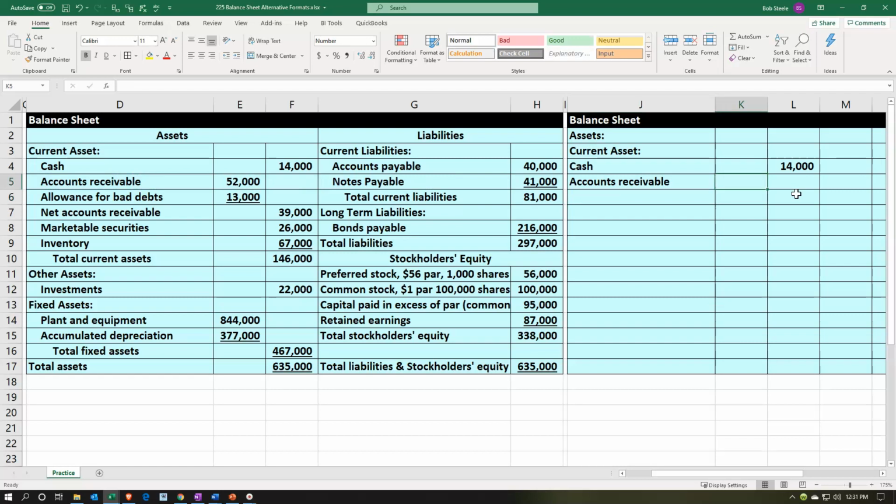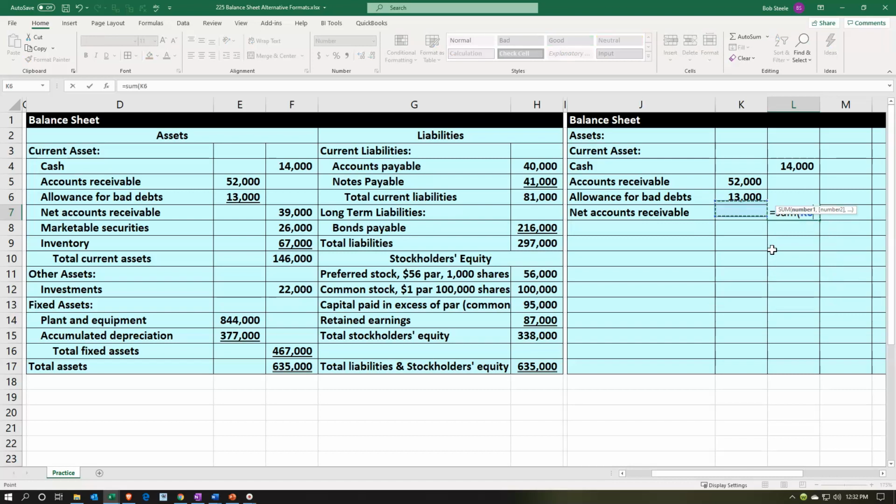Accounts receivable. Now this one I'm going to pick up into the inner column again, just kind of like we did here. So I'll put that on the inner column, equal to the 552,000. Then we've got the allowance for bad debt, which is going to be equal to the 13. And then that's going to give us the net accounts receivable, which I'll break out into the column next to it like we did before, equals the sum of, and then these 2 items.